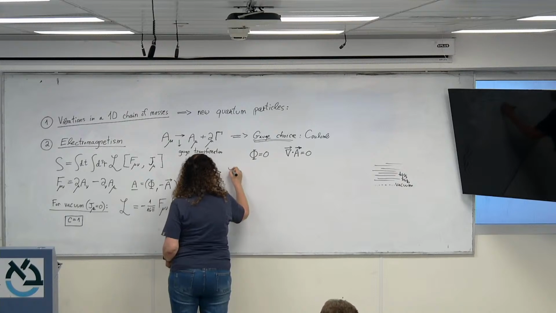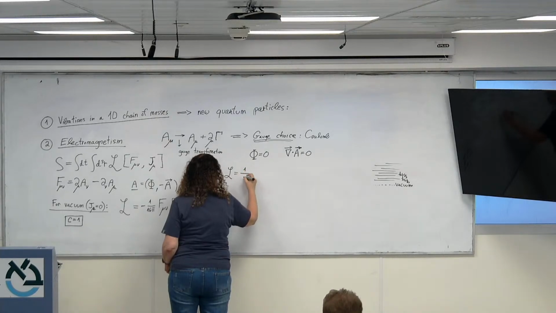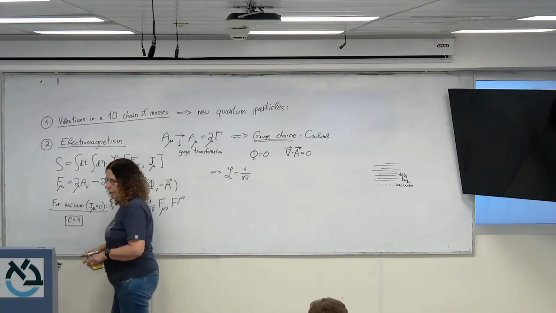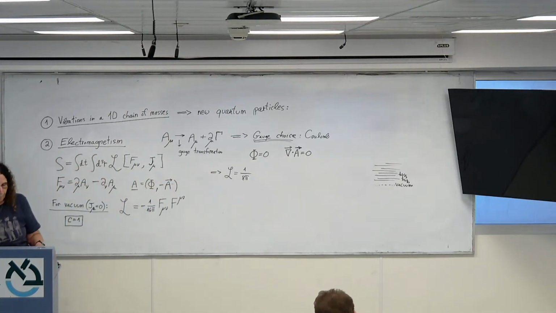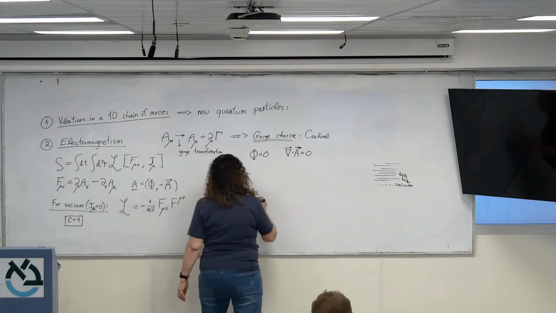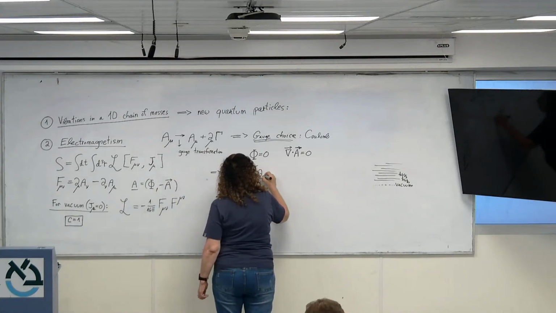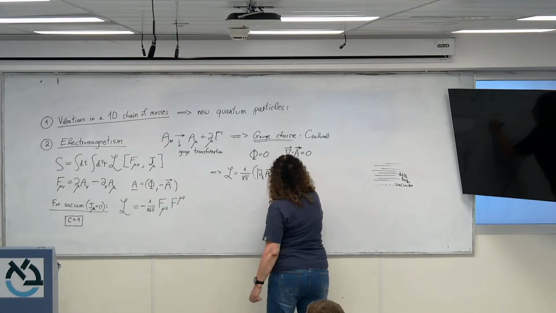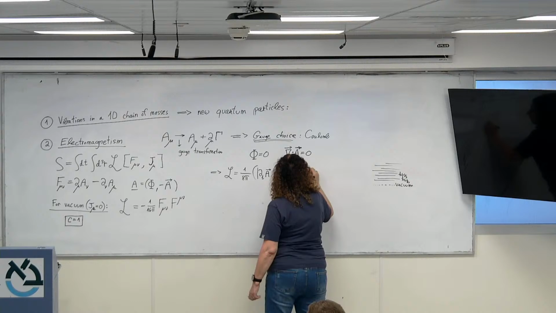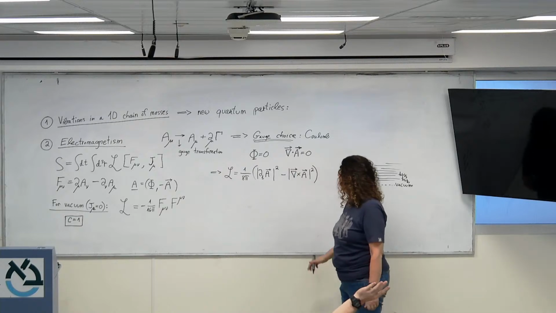Then you find that L is 1 over 8 pi times the time derivative of A squared minus curl A squared. And this is the Lagrangian density.